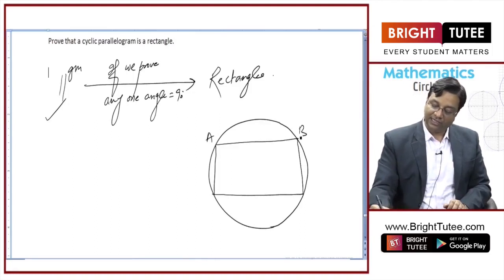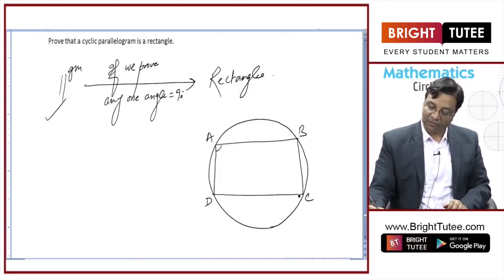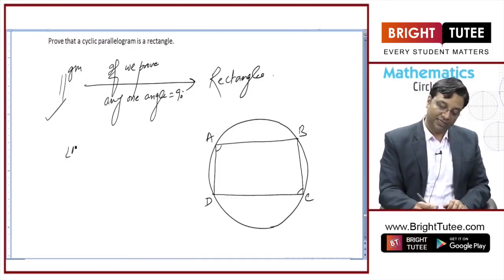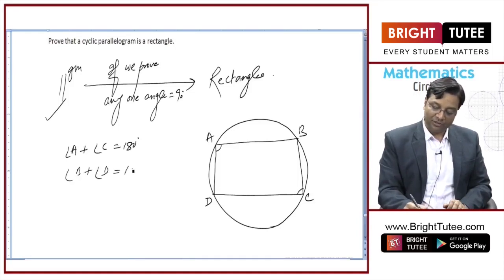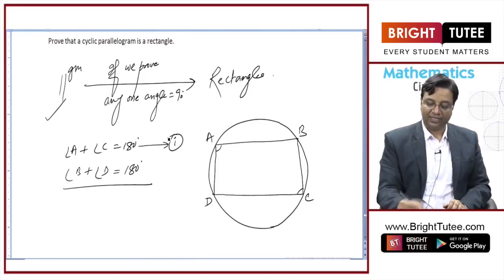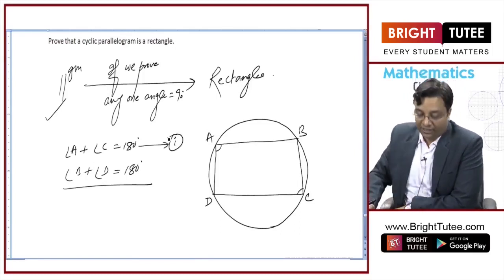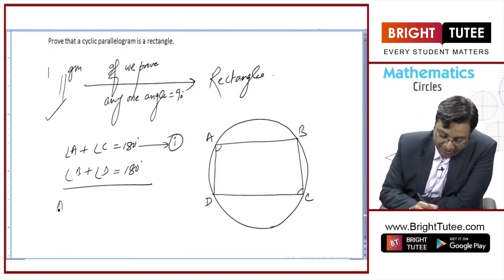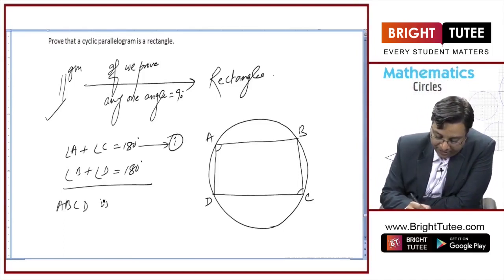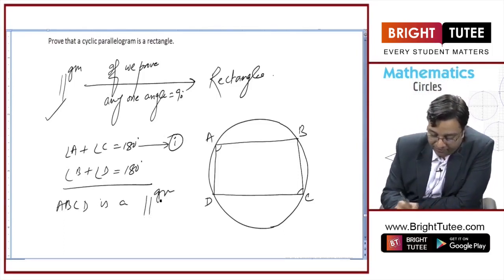So when I say cyclic quadrilateral, what I mean is that sum of opposite angles is 180. Angle A plus angle C is 180. Angle B plus angle D is also 180. So I am just considering this for a while. Angle A plus angle C is equal to 180 degrees. Now ABCD is a parallelogram.